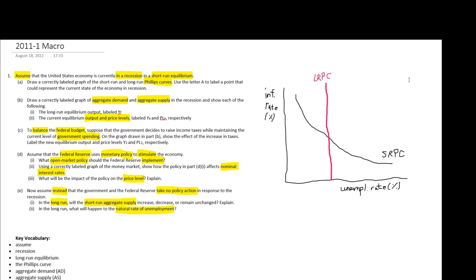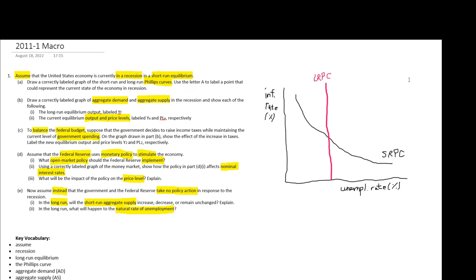As the inflation rate falls, you'll see an increase in the unemployment rate. Okay, so this is called a trade-off, when you have to give up something to get something. So as the inflation rate increases, unemployment falls.